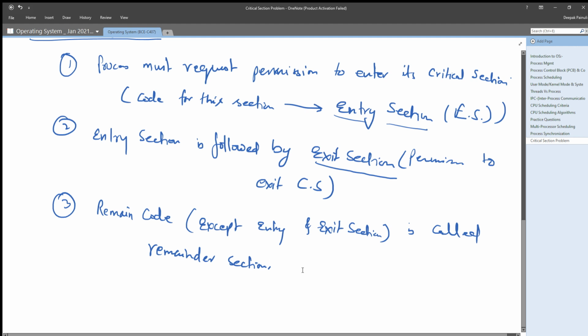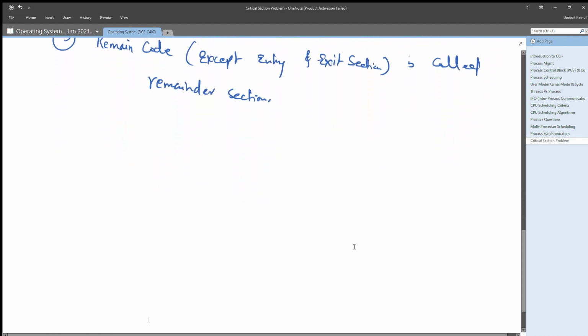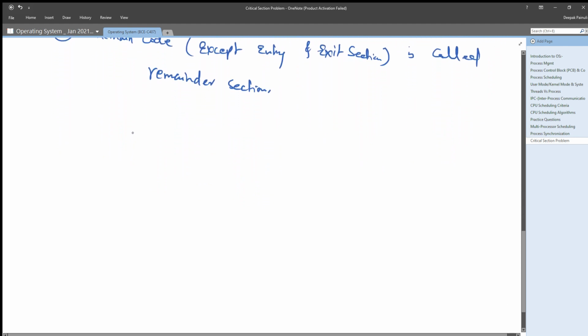We categorized or divided the code structure of a particular process into the following structure, right? First there will be the entry section, or ES, right? After that, the process will get into the critical section.